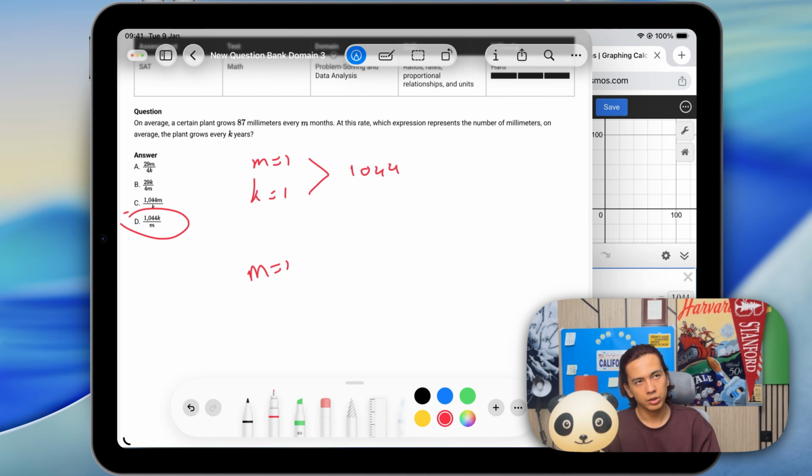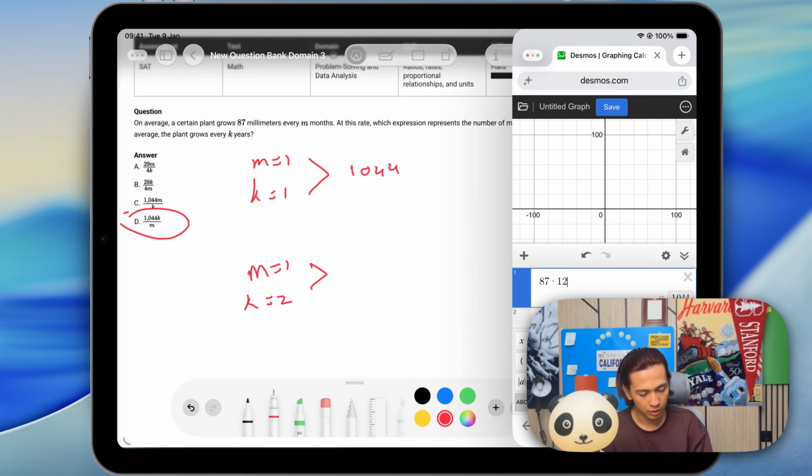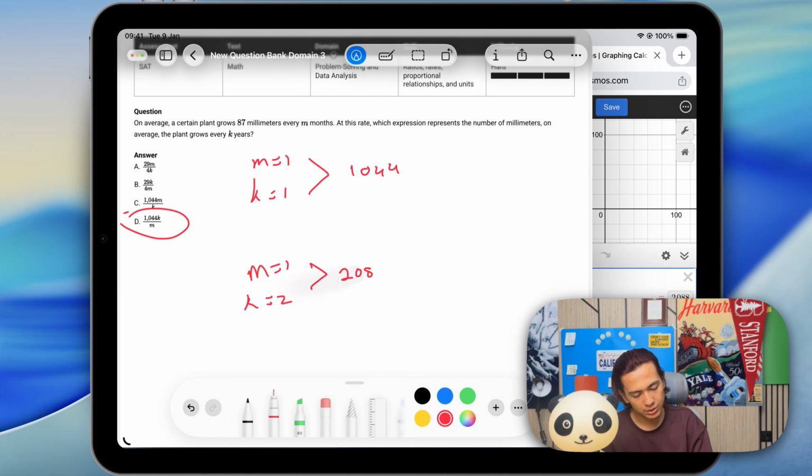Again, imagine you're increasing by 87 millimeters every month, but now in 2 years of time, how much are you going to increase? You're increasing by 87 millimeters per month. You multiply by 12 to get 1 year, and you multiply by 2. So you should increase by this much, right?